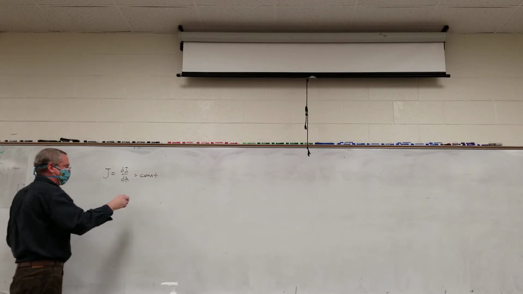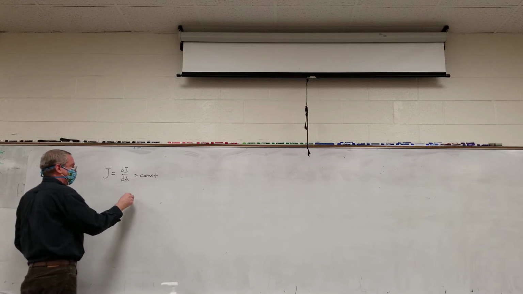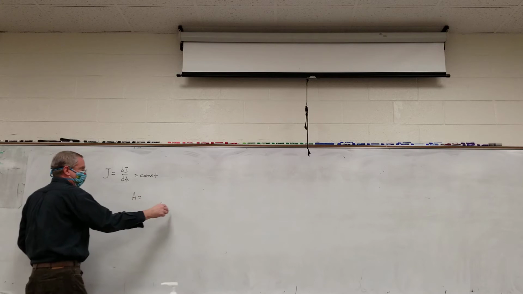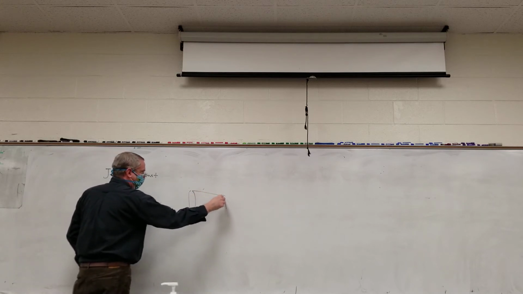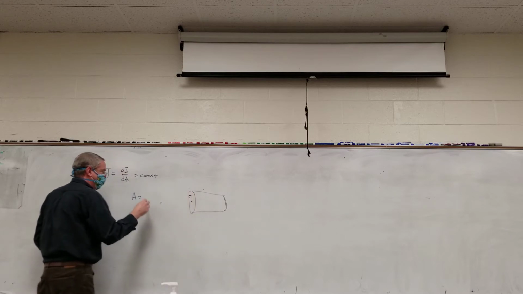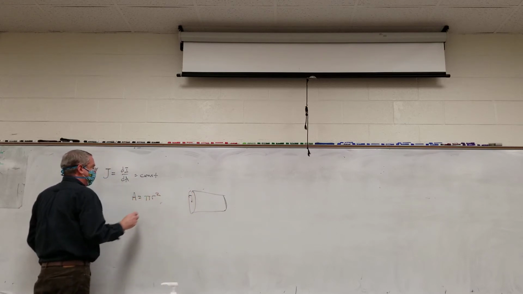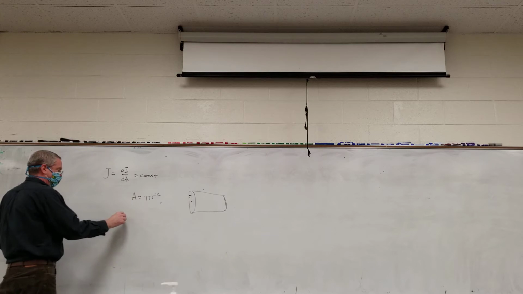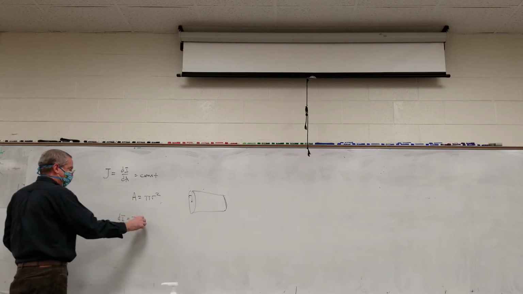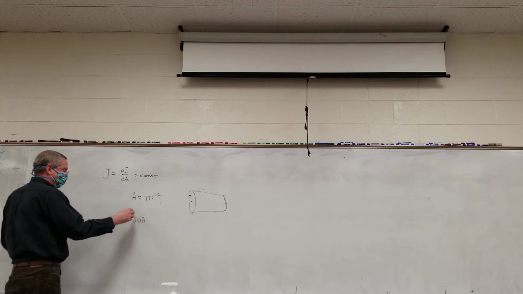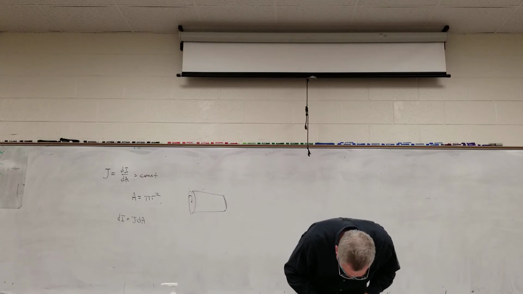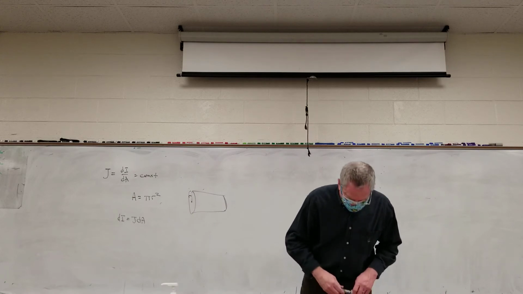The area, given our cone here and some radius r, is equal to pi r squared. dI equals J dA. And I forgot what they have to give. Oh, they're asking for resistance.